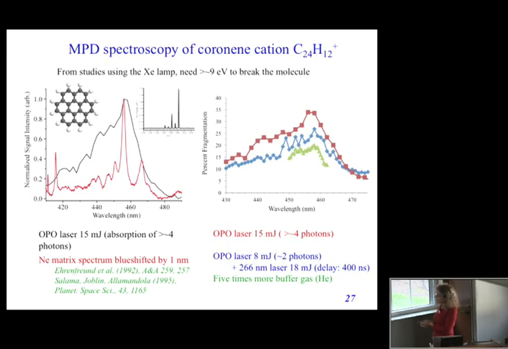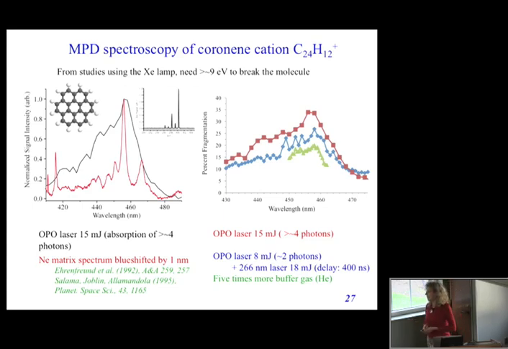Unfortunately, this UV wavelength is not enough to go to 1 photon for the OPO, which we would like. But still, you start to see that the band is getting a bit sharper. And in the green one, we also achieved a sharper edge, I think, because we increased the cooling of the ion in the trap, because we are using buffer gas.